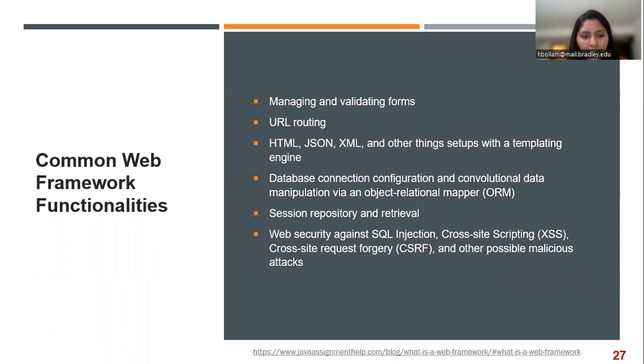Additionally, it supports URL mapping, database mapping and configuration, website security against possible malicious attacks, and moreover, it has a functionality of session storage and retrieval. That means associating an HTTP request with an existing session.